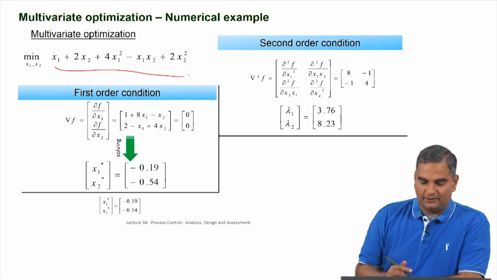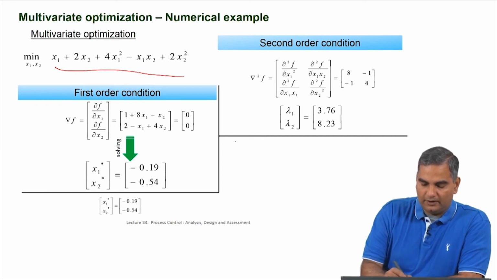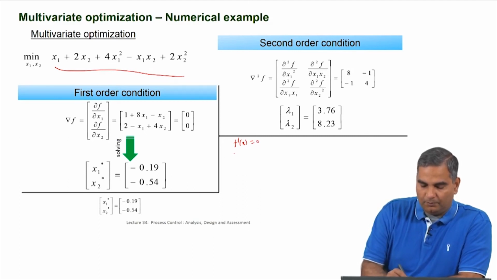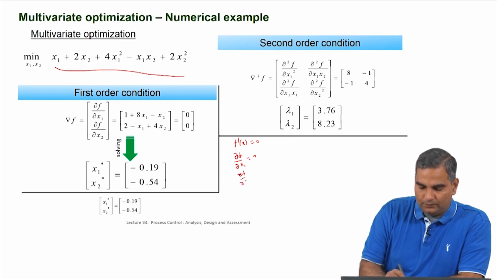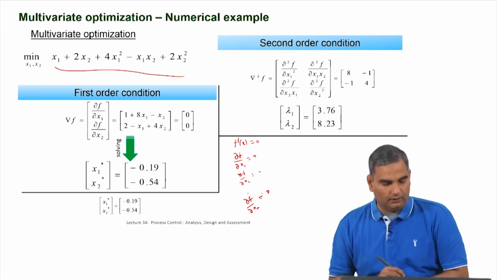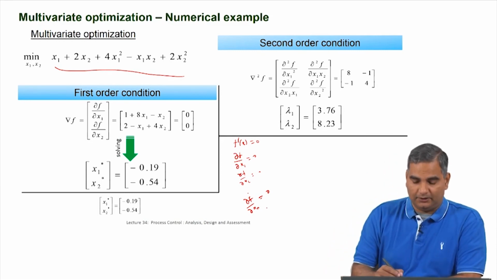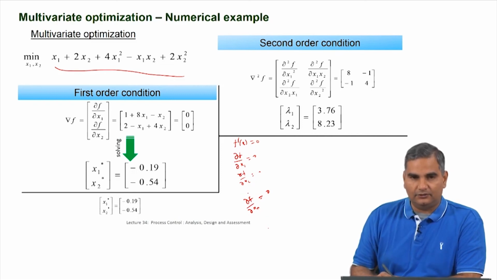So, the idea is very simple. When I had only one variable, it was just f prime x is 0. When I have more than one variable, you do a partial derivative with respect to each of these variables. Dou f dou x1 is 0, dou f dou x2 is 0, all the way up to dou f dou xn is 0. Now, if I have n variables, I will have n equations, because I will have n derivatives to evaluate.